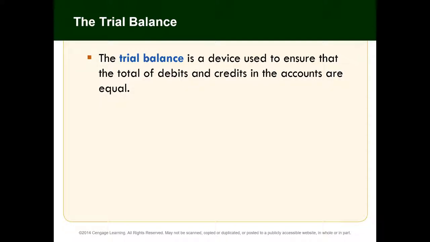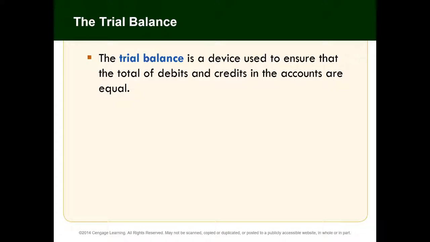So that's the trial balance: the balances of all your accounts. You just remember, you have to put the normal balance. All assets, their normal balance should always be on the left side.